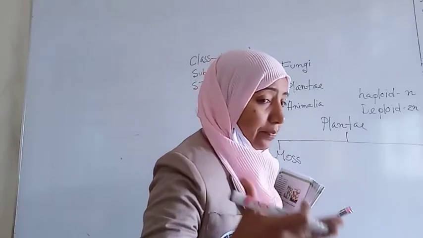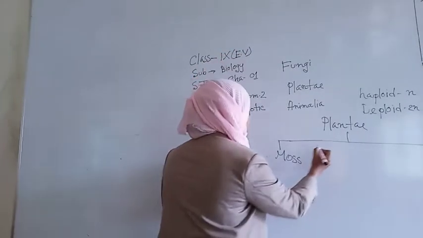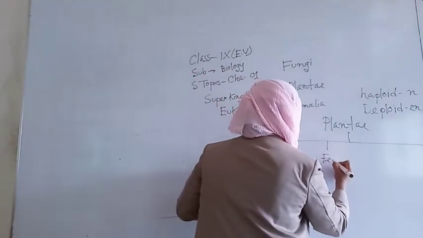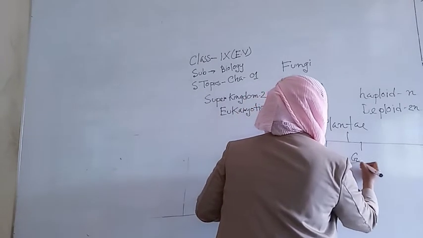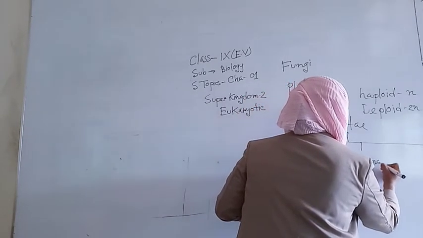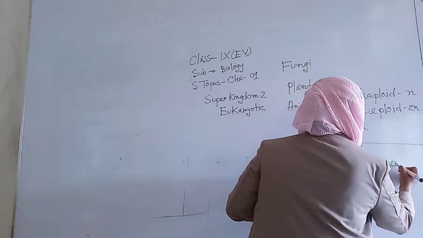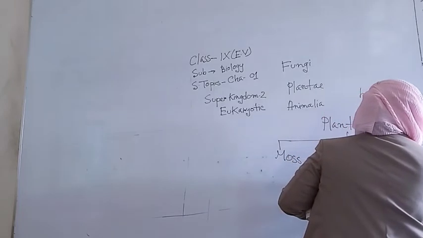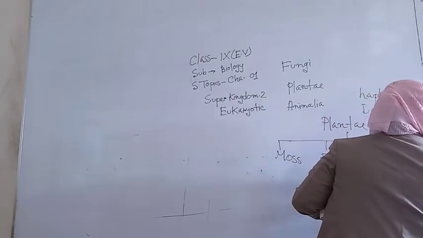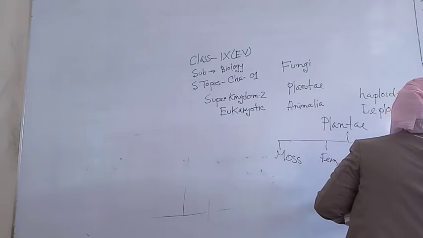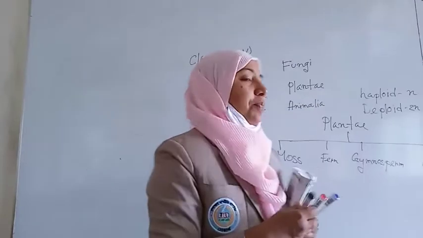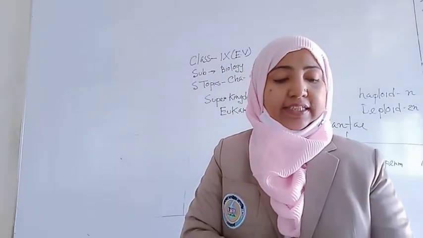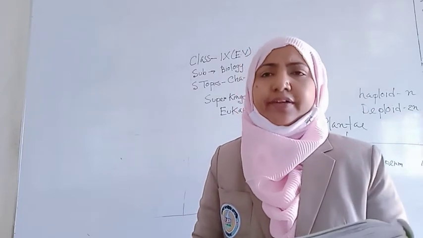Second is the fern, third is the gymnosperm, and the last is the angiosperm. So: moss, fern, gymnosperm and angiosperm. Please everyone see carefully and check the books for the kingdom Plantae characteristics.